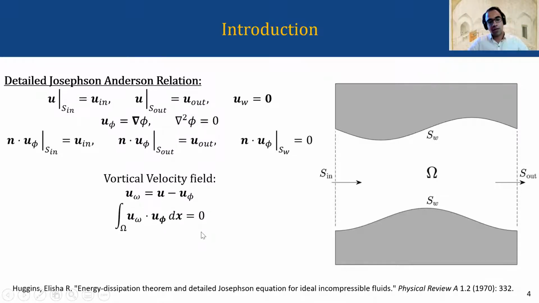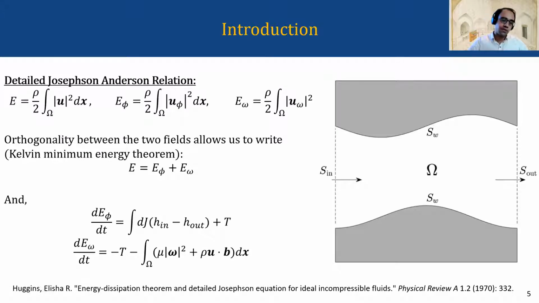So what that allows us to do is to write the kinetic energy as the sum of the vortical energy and the potential energy, because the remaining part, which would be the dot of the two, is 0, because the two fields are orthogonal. And this is essentially the Kelvin minimum energy theorem, which is saying that with a given flux, E phi is like the base field, which has the least amount of energy, and then E omega is like a perturbation to it.